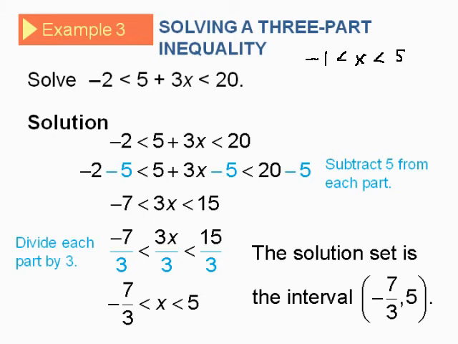So what you're trying to do on these tweeners is get x by itself in the middle. To do this, notice we're going to subtract 5 from all parts. Since there's a 3-part one here, we must do that first, which will get us to this step. I like to put mine straight up and down. I know the graphics do them sideways in the pretty blue, but I'm doing mine in the pretty red.